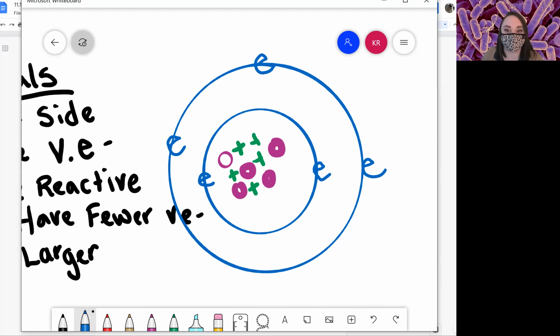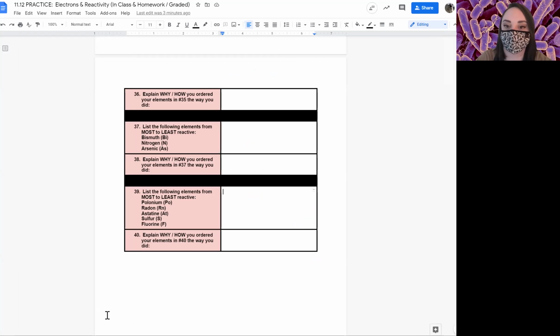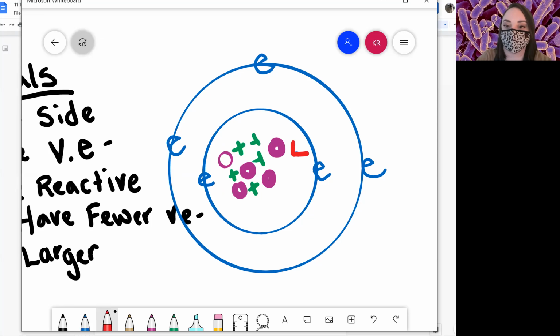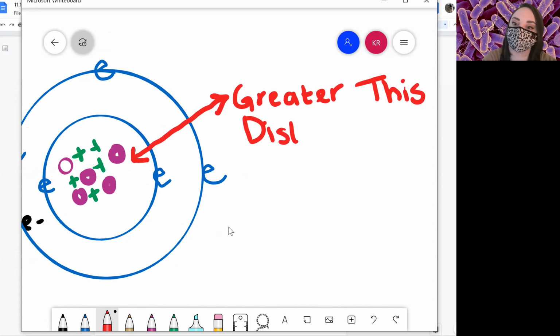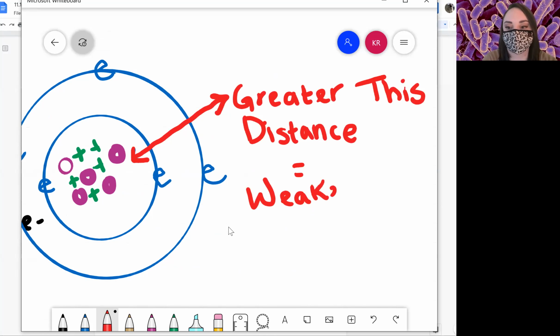Okay, let's remind ourselves why. If it has fewer valence electrons, it's easier to get rid of them. If it's larger, well, I wanted this to be red. There we go. The greater this distance is, the weaker the attraction.